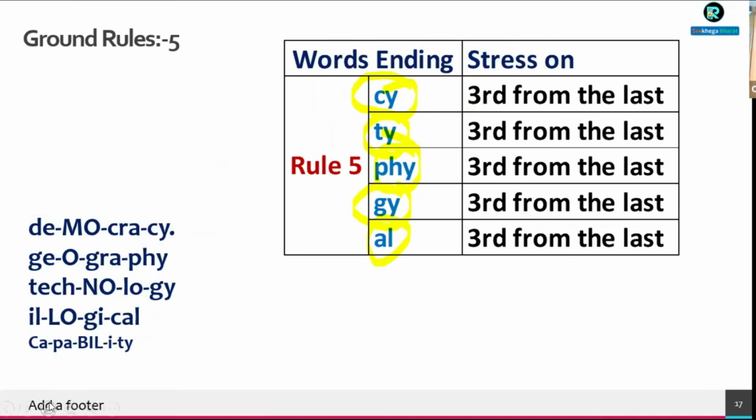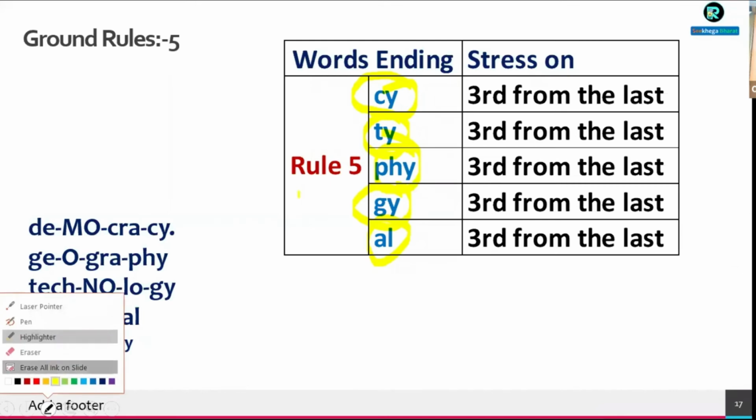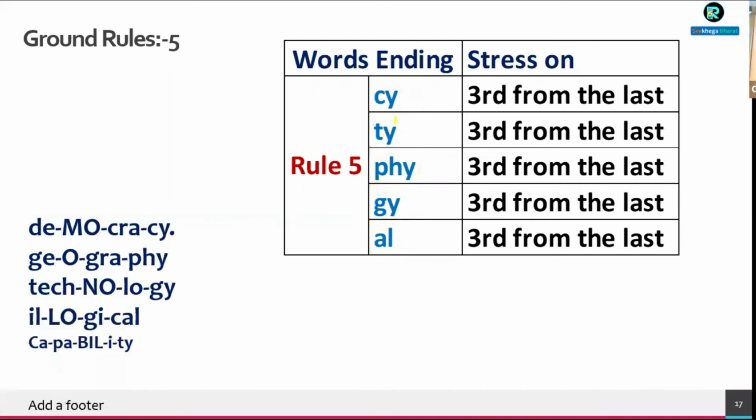We just have to remember this, and that will come through practice. Don't worry. So whenever you find syllables like CY, TY, PHY, GY, AL, that means we have to stress on the third syllable from the last.